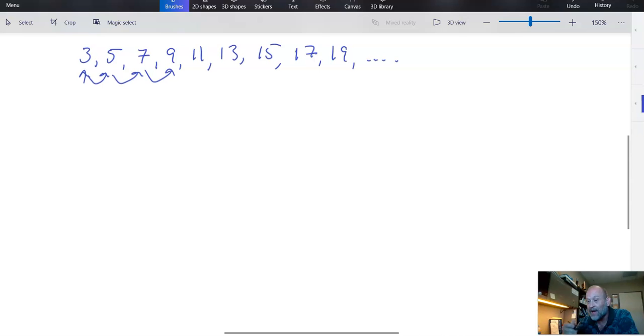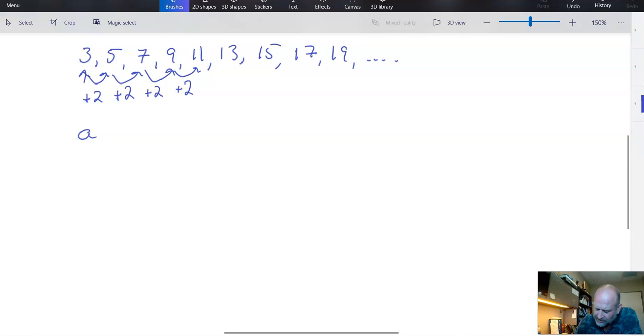A difference in mathematics is what you get from subtraction. If I take any term here and subtract the bigger one from the smaller one, I always get 2. And so I have a difference of 2 between each term, right? To get to the next term, each time you add 2 more. And so there is one way to describe an arithmetic sequence this way.